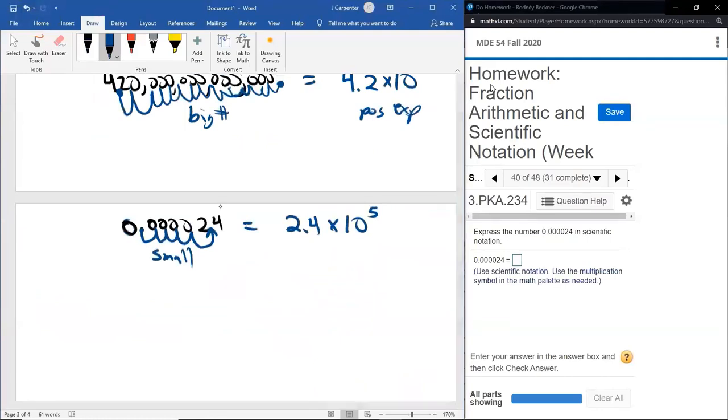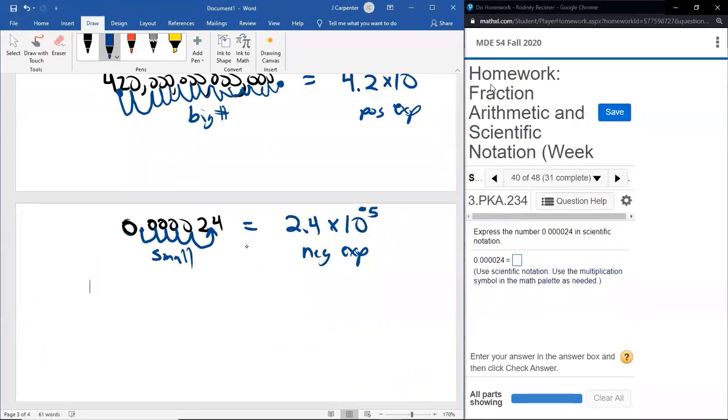So because that was a small number, this should be a negative exponent. That says it should be 2.4 times 10 to the negative 5. Think about it this way, 10 to the 5th would be a 1 with 5 zeros, which is 100,000. 2.4 times 100,000 would be 240,000, which is not this number. With positive exponents, you should understand how to rationalize what they are.